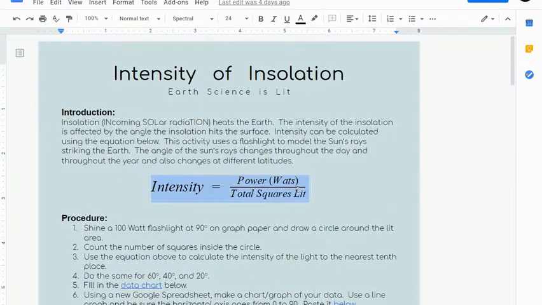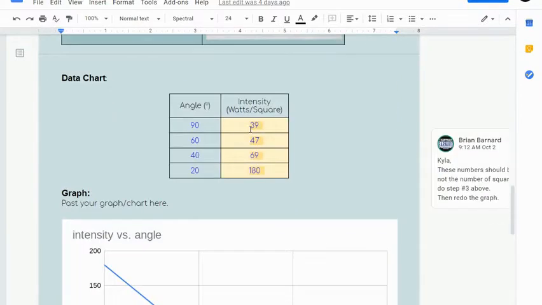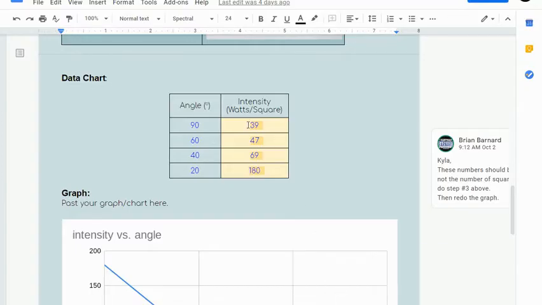So what we're going to do is we'll take each of your measurements for the number of squares, and then we'll have to use the equation for intensity. So let's do the first one. So for 90 degrees, you said that there were 39 squares.